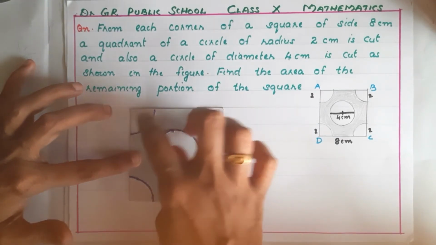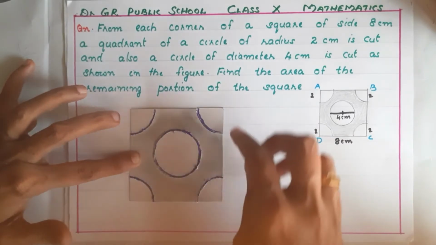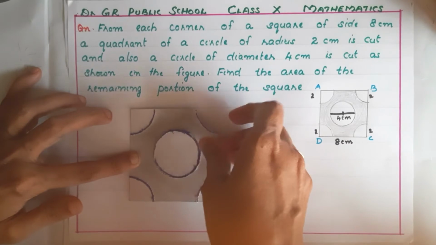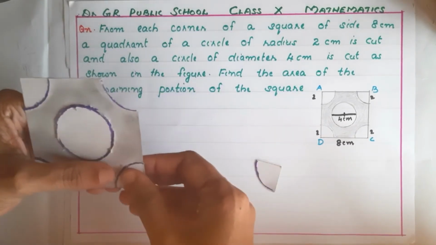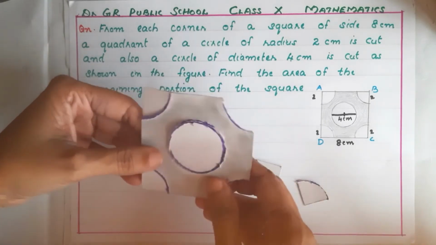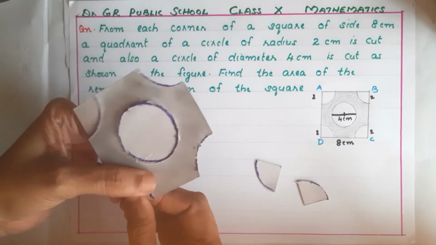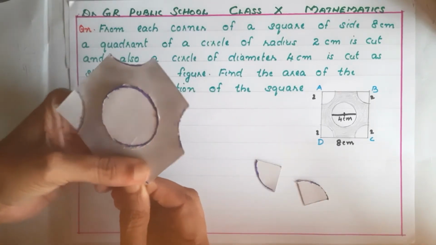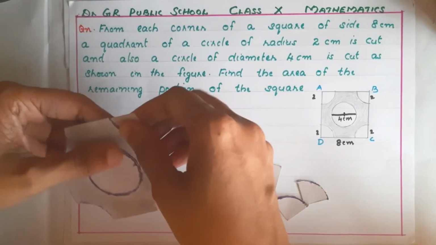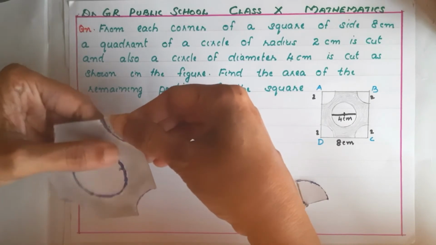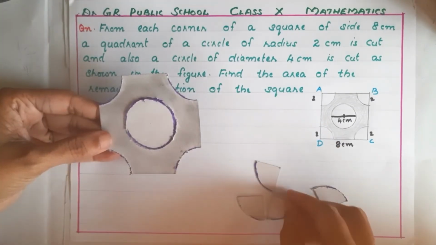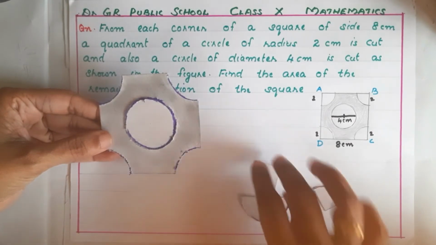Okay, so 4 quadrants have been taken. These quadrants we have to remove. Okay, children. So all the quadrants we can take from it. Okay, so I have taken all the quadrants from here.